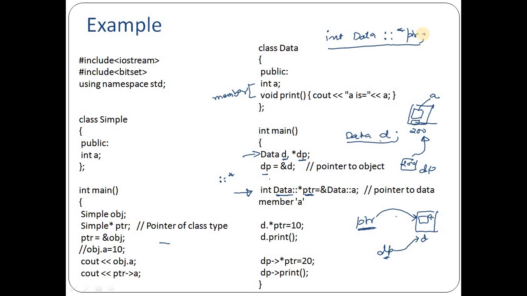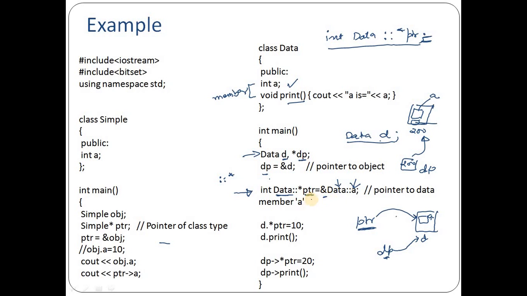And here it does not yet know which member, because we have two types of members in our class, one is a, the other is print. Print is also a member, it is a function but a type of member. So we have to assign the address of the members whenever we declare the member access operator. So we have to assign here. So here on this RHS side, the address operator, the ampersand operator, is used to assign the address of a which resides in the Data class.